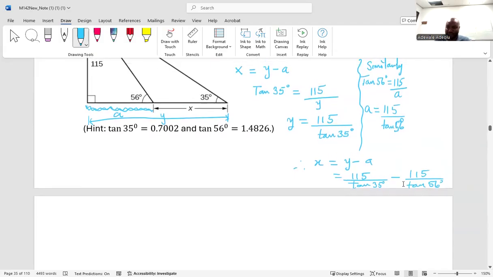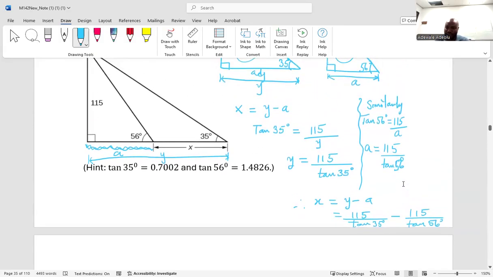Now we have that this is equal to 115 divided by, we were given here that tangent of 35 is 0.7002, minus 115 divided by tangent of 56, which is 1.4826.